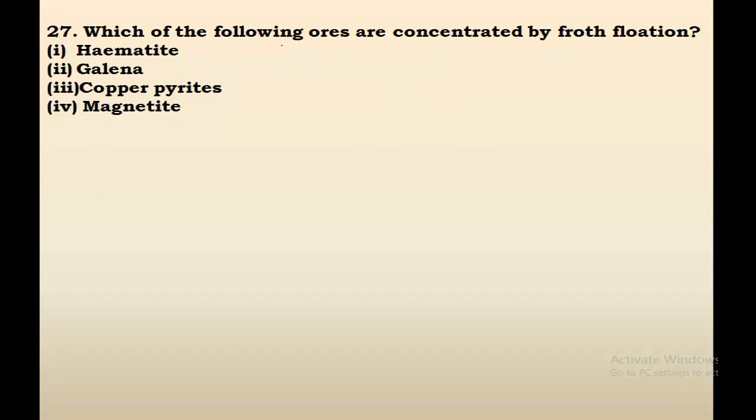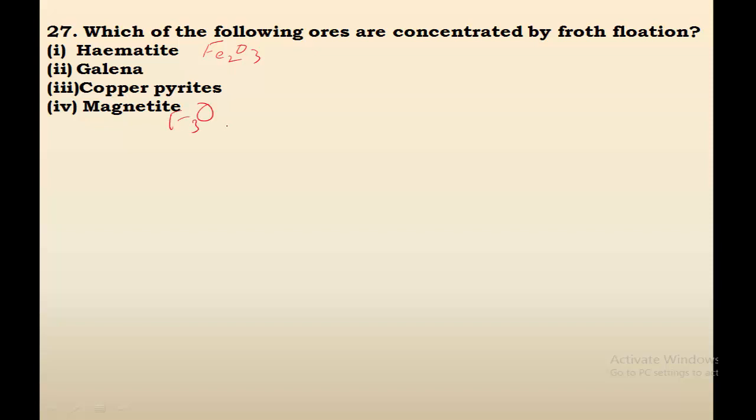27th, which of the following ores are concentrated by the froth flotation process? As you know, the froth flotation process is used to concentrate sulfide ores. Hematite, its chemical composition is Fe2O3, is an oxide ore.